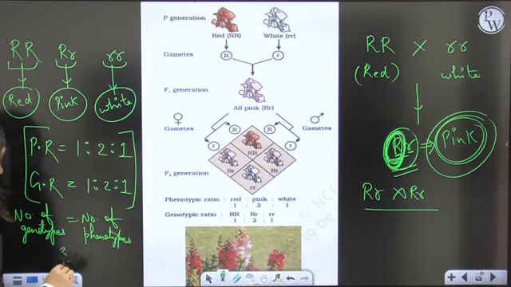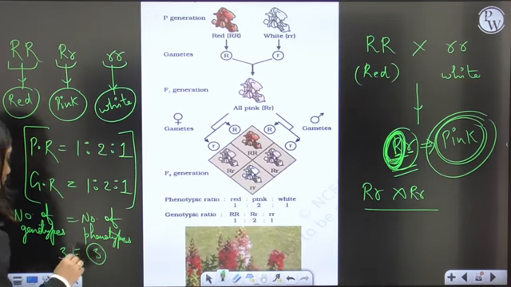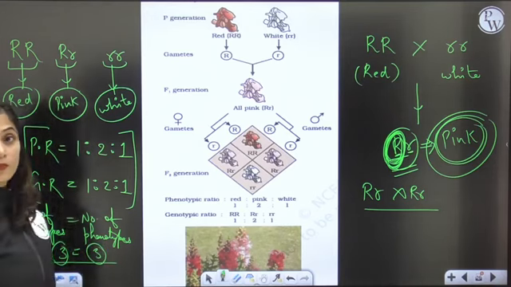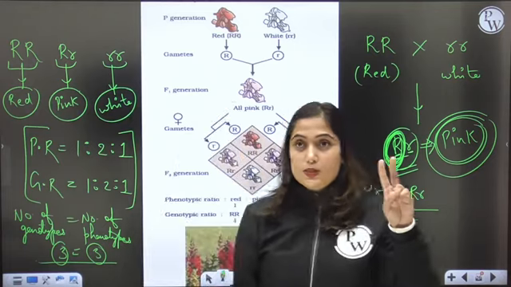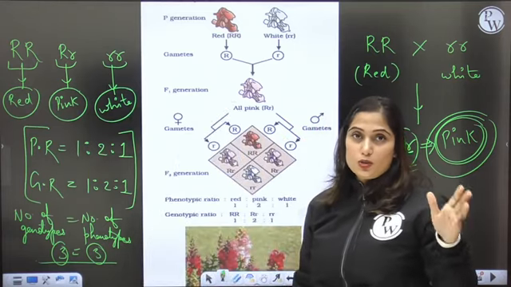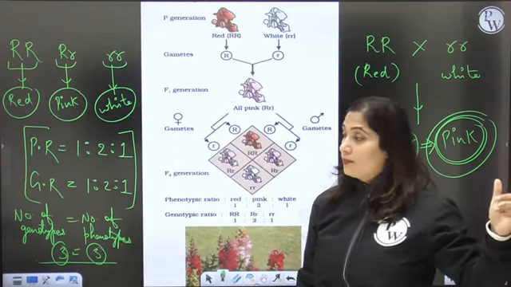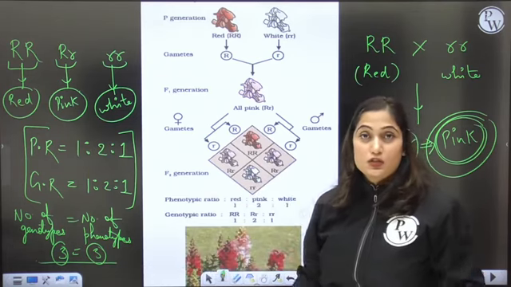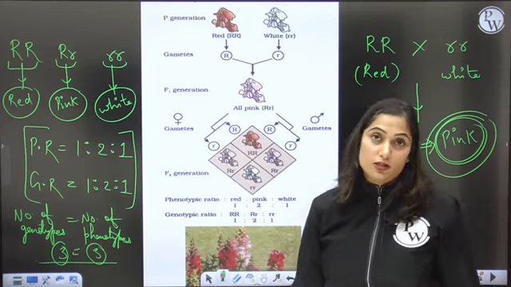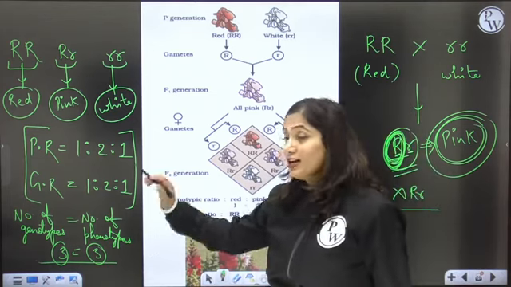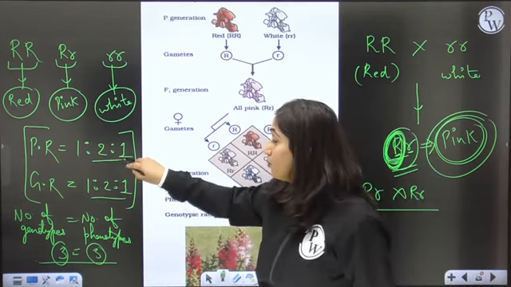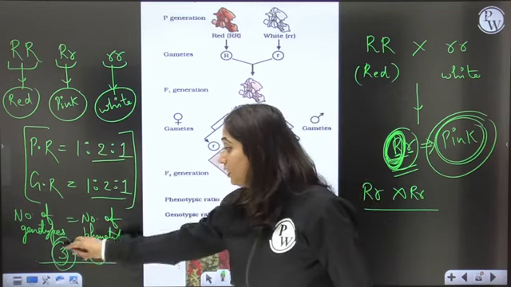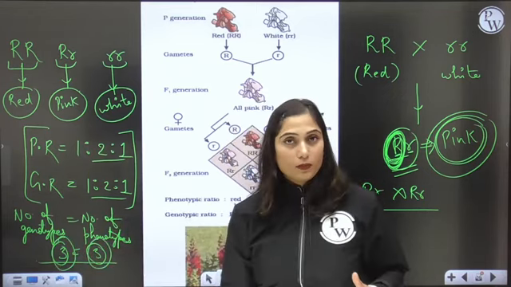Here the number of genotypes are 3 and the number of phenotypes are also 3. So this is the second case where phenotypic ratio is equal to genotypic ratio after test cross. Here also the GR and PR are the same. Okay, so this is a deviation from Mendel's law. Remember this, beta: GR, PR same, 1:2:1, and the phenotypes are also 3, genotypes also 3.